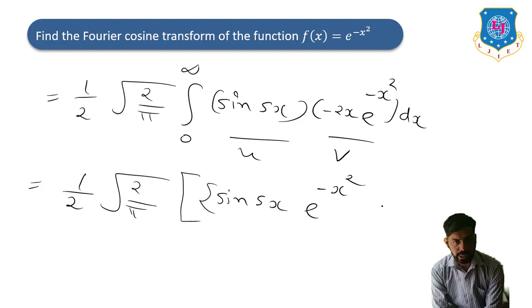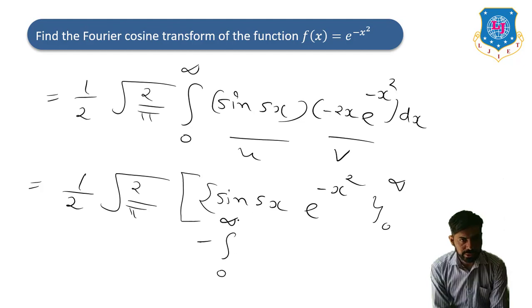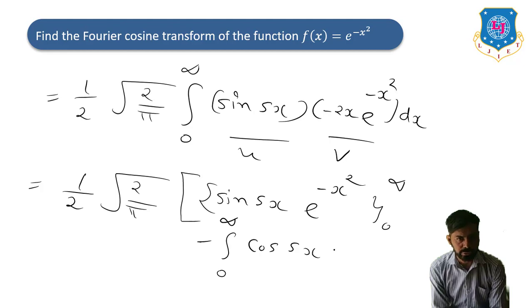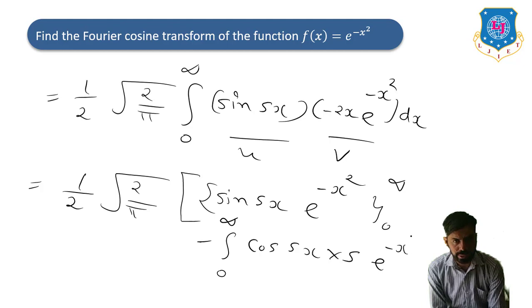Okay, and here the limit will be from 0 to infinity. Then minus, we will take integration 0 to infinity, and the derivative of sin sx will be cos sx, and here the derivative of sx with respect to s will be s. Okay, and we will have to take the integration of v, that is e raised to minus x square dx.